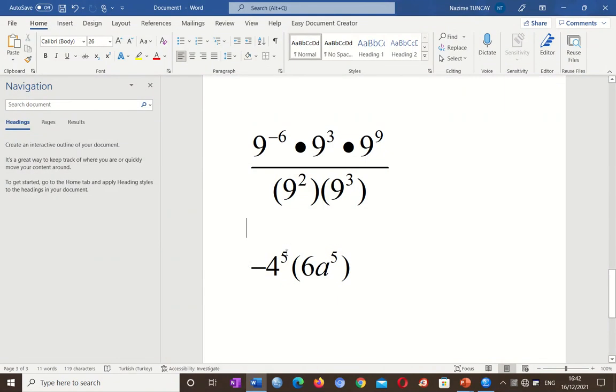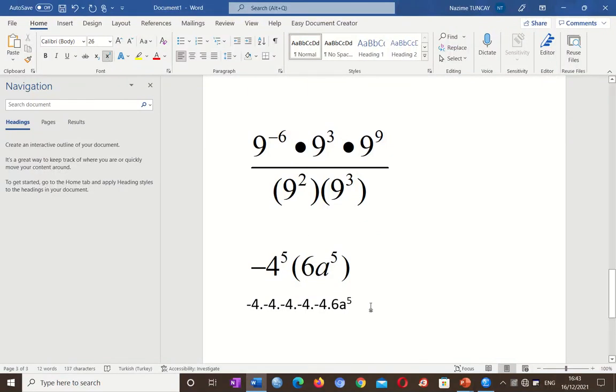Minus 4 to the power 5. Wow. Now, this is minus 4 multiplied by minus 4 multiplied by minus 4. Okay? So, what is this? 16 multiplied by 16 multiplied by 4. Multiplied by 6. And this is a to the power 5.